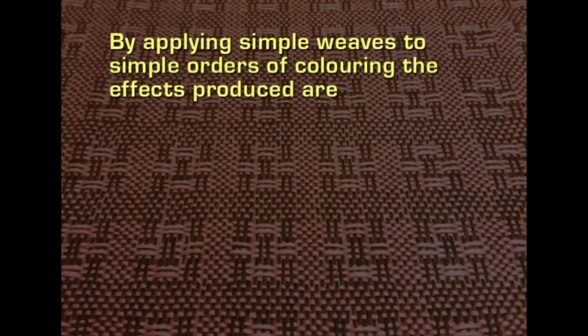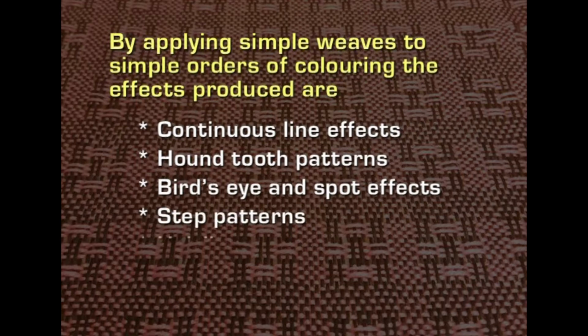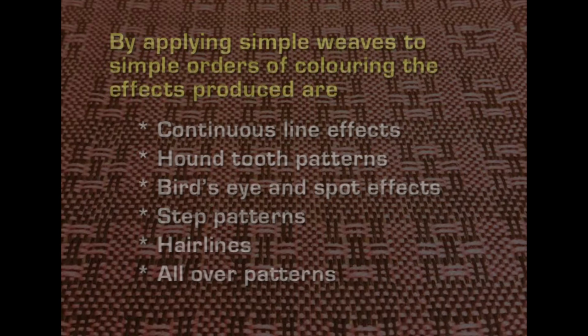By applying simple weave to simple orders of coloring, the effects produced are continuous line effects, hound's tooth patterns, bird's eye and spot effects, step patterns, and hairlines and all over patterns.